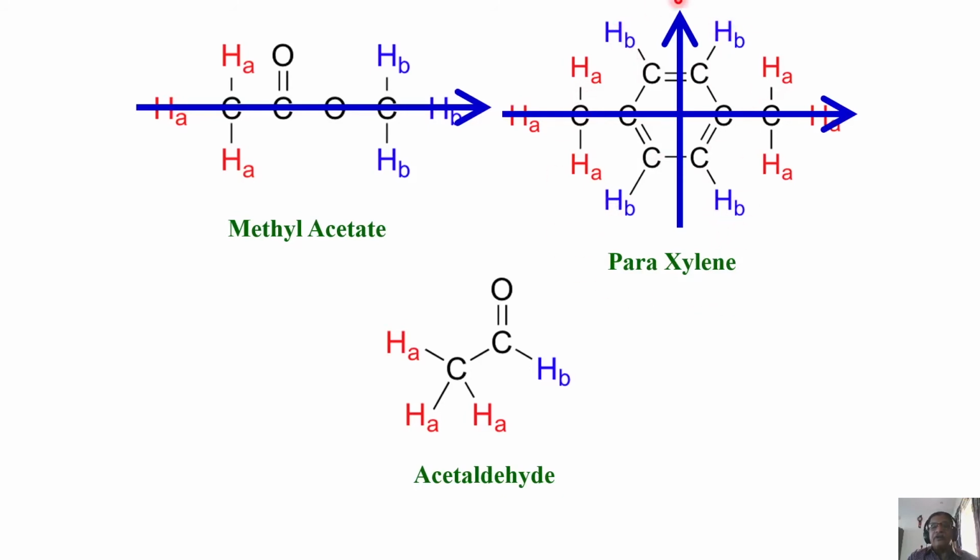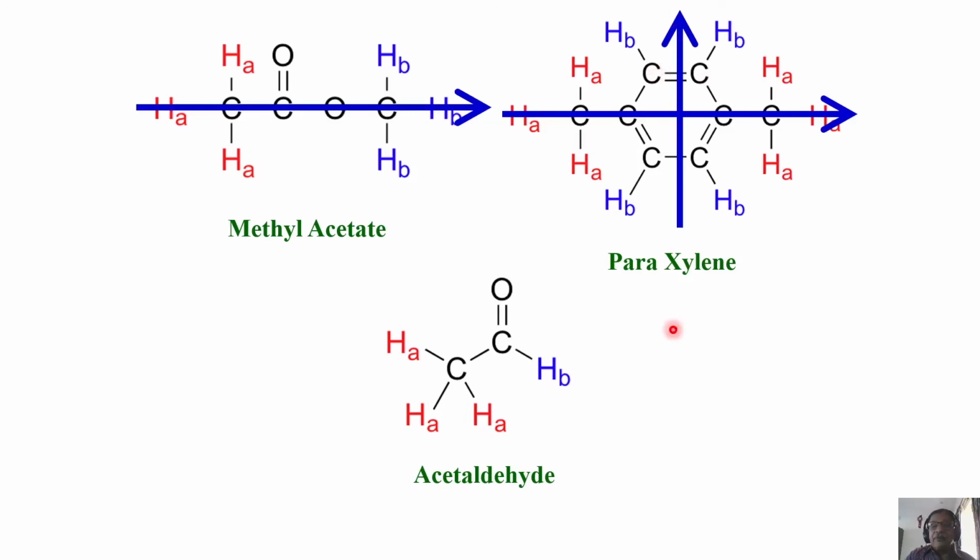So all the 4 ring protons of paraxylene are also chemically equivalent. The ring protons are also equivalent. That means these 4 protons will give you only a single peak. You understand? Now paraxylene, because of its symmetry, gets only 2 peaks. One peak for CH3, another peak for ring protons.